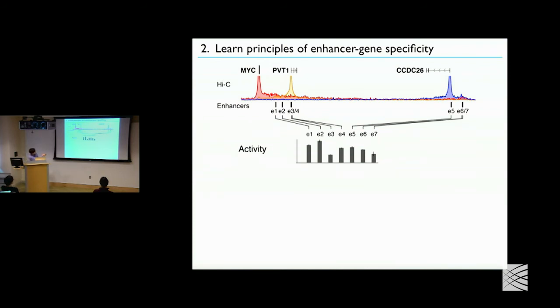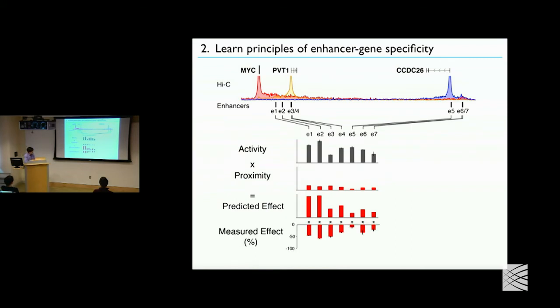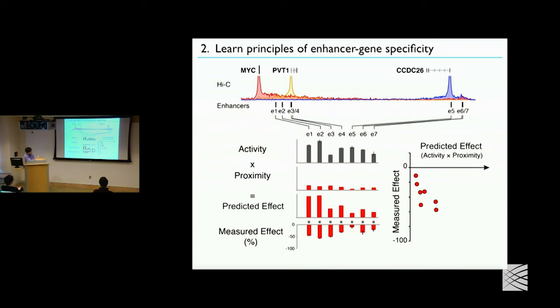For each of the 7 enhancers, we can calculate a value for activity. For MYC, we'll take each of these regions, read out the height of this red line, and say that's the contact probability or proximity. We'll multiply those together to get a predicted effect on the gene, and compare that to the measured effect, which actually corresponds quite well. And I'm going to tally that up over here, where the predicted effect is on the x-axis and the measured effect is on the y-axis.